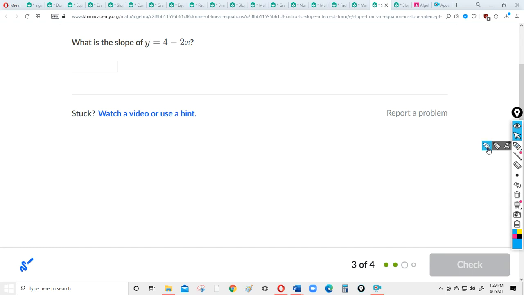Okay, what is the slope of y equals 4 minus 2x? So remember, we're looking at y equals mx plus b. Okay, and slope is m, the number that's with x. So you can see right here, it's -2. Alright, but just in case you can't see it, I'm going to rewrite it so it matches. So we want y equals mx plus b.